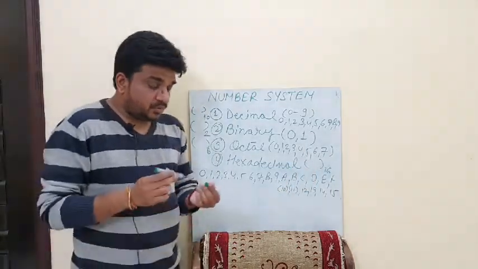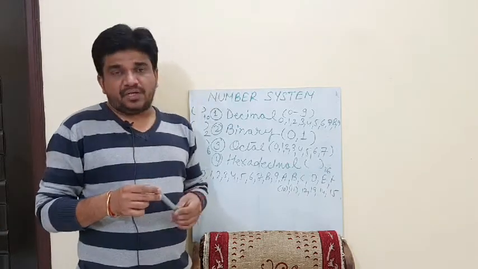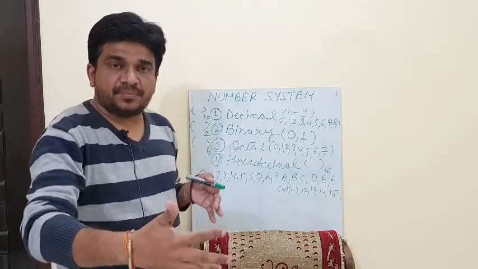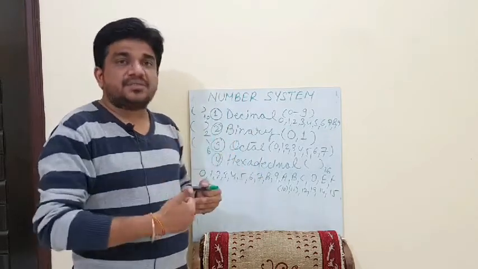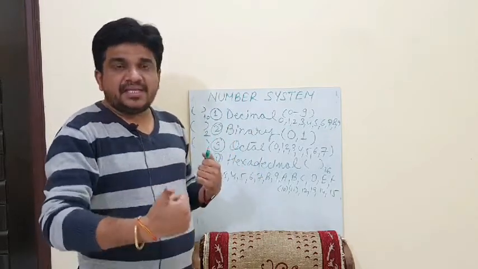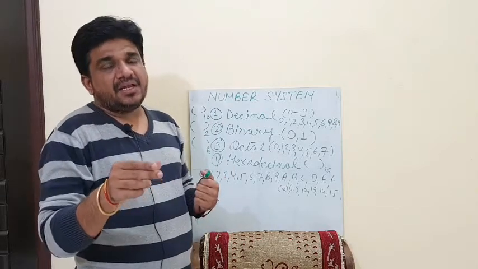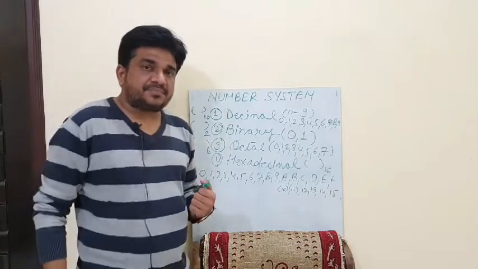If we want to represent a number in a small number system, the length of the number is more. If we represent the same number in a number system whose base value is more, that number is compressed and has lesser length in comparison to the smaller number system, right?